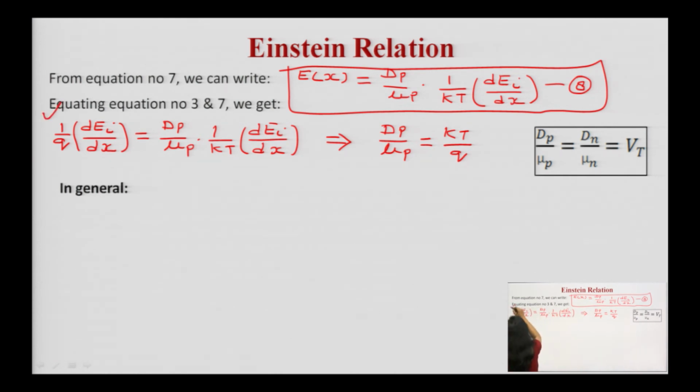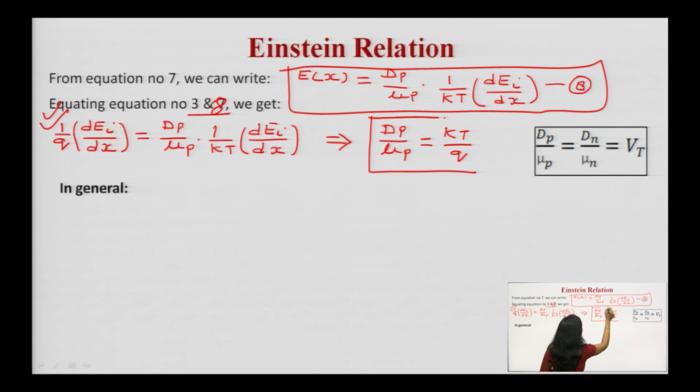Now we are equating the equation number 3 and 8, both of these equations. We have derived the value of Ex from this particular equation, and earlier we have also discussed. So when you have equated the equation number 3 and 8, you are getting dp upon mu p is equal to kT upon q. This is what we have derived for the holes.